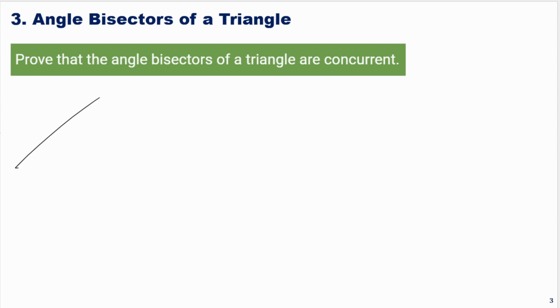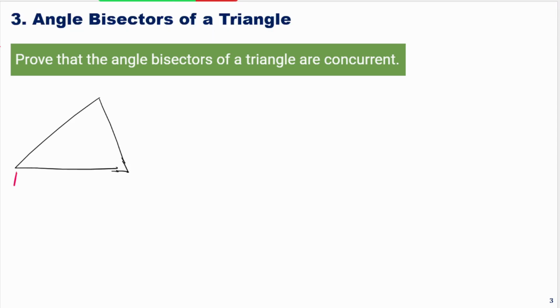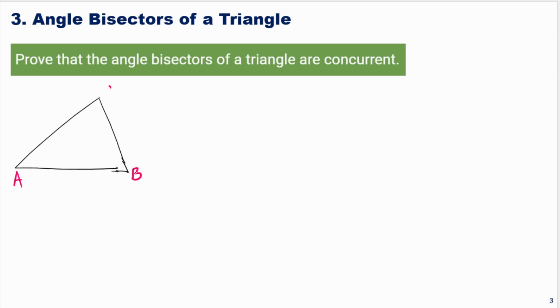Again, let's suppose we have a triangle ABC. And we start much as we did with the perpendicular bisectors.